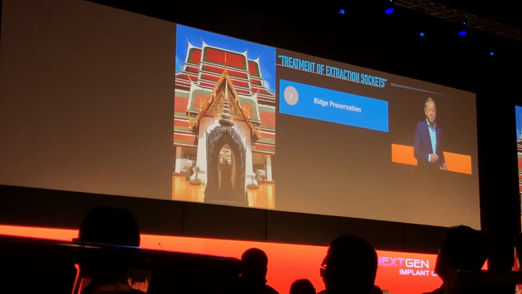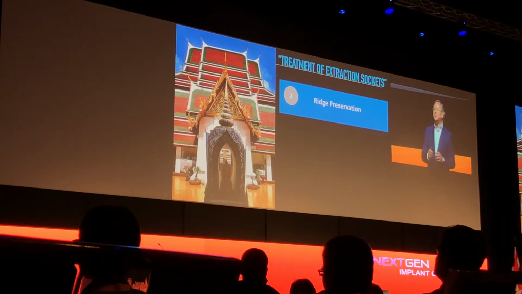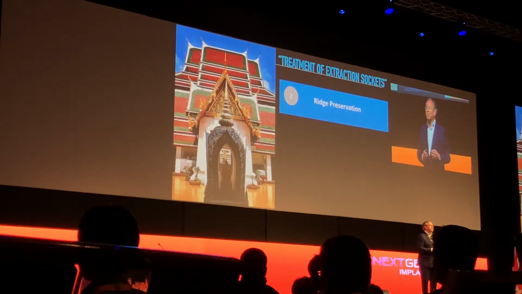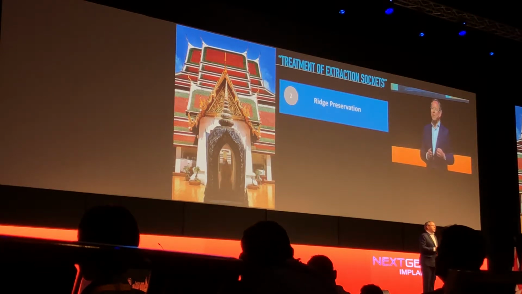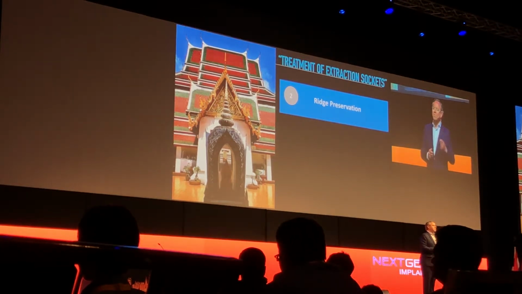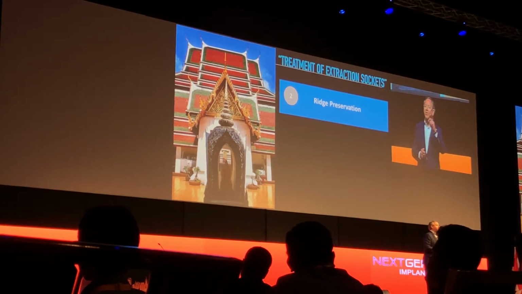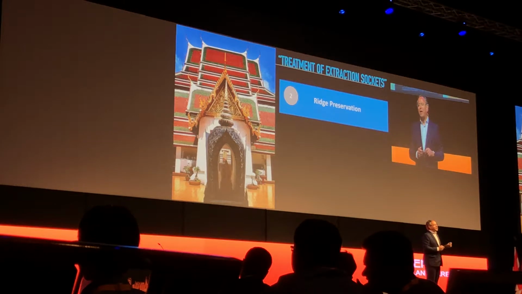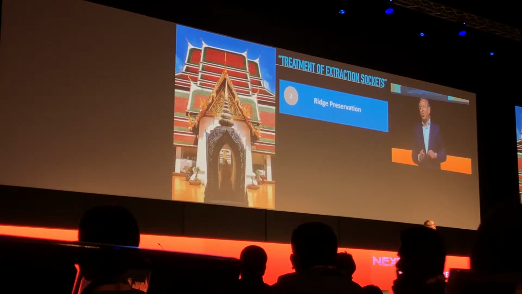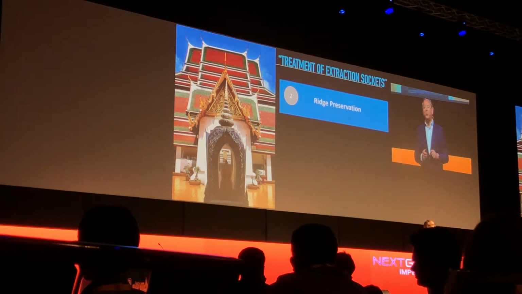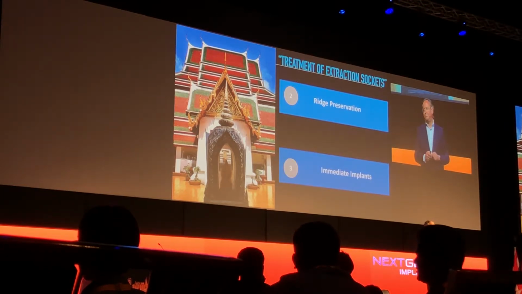So basically, very succinctly, these two indications I think are justified, and I have the evidence that I can preserve the sockets in very aesthetically demanding situations where I have very thin buccal bones, and in the posterior maxilla where I have very thin bone and I have not good bone to stabilize my implant.